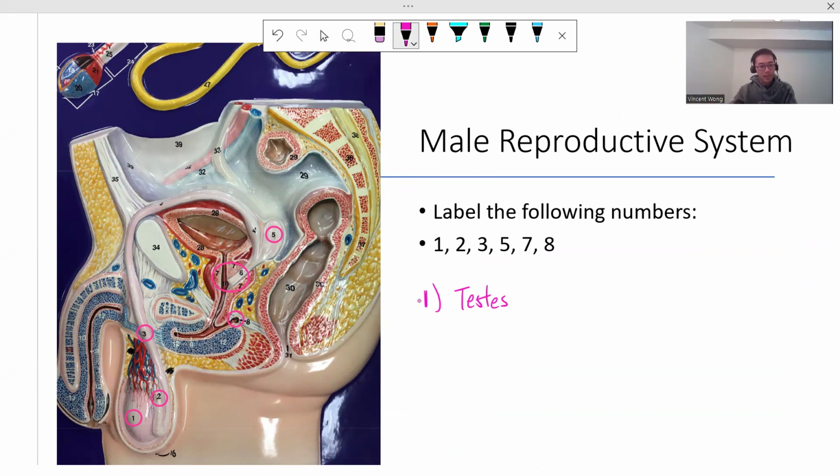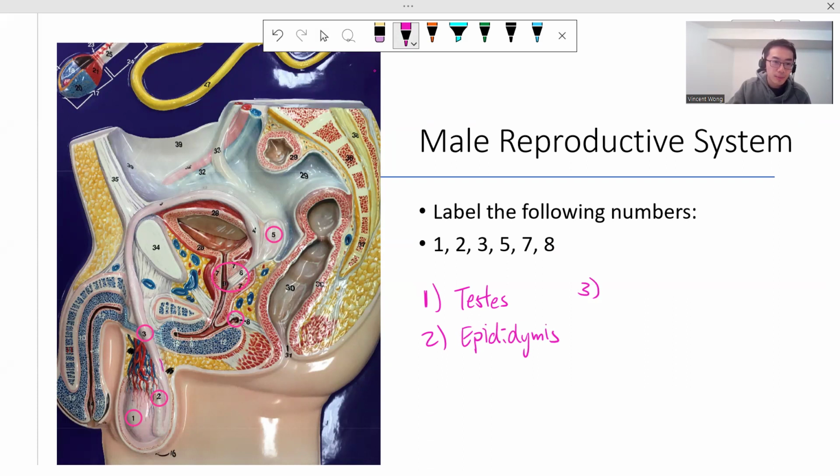Testicles mean the same thing. Number two. Hey, what's number two here? This whole thing on top of the testicles. What is it? Epididymis. That's right, epididymis. That's where the sperm are stored and where they learn how to swim. Epididymis.